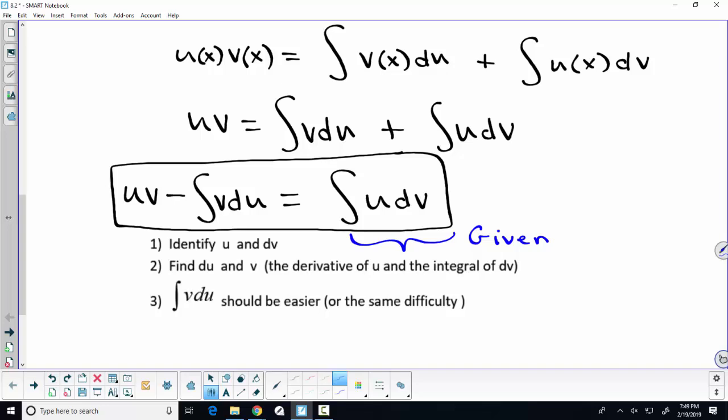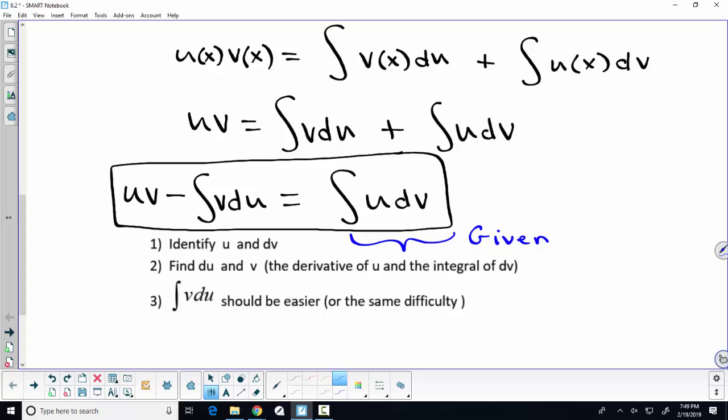We're given the antiderivative of this, where this is a product of two functions. Remember, u is a function of x, and dv is a function of x, right? dv was the derivative of v with respect to x. I don't know why it's presented that way, but that's the way it's presented.